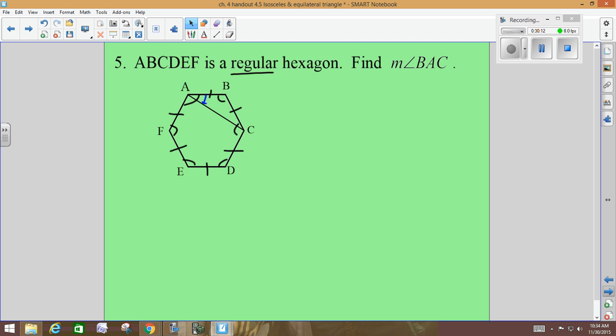Have any thoughts? Ideas? Sarah? Start again. Wouldn't what be congruent to what?